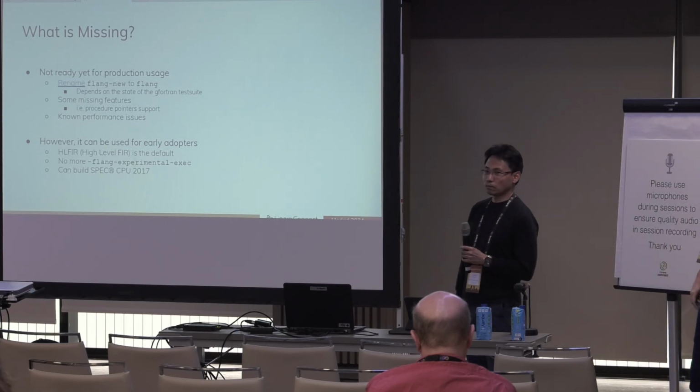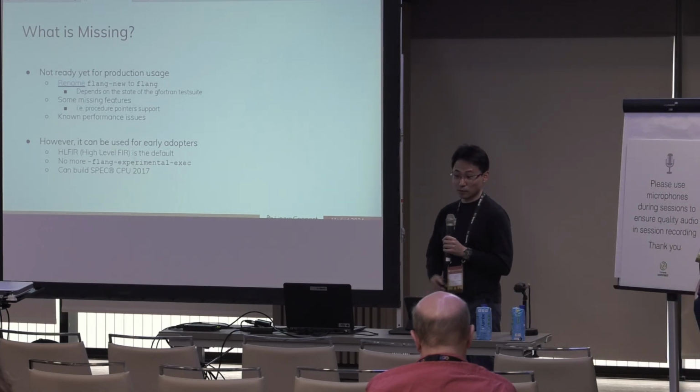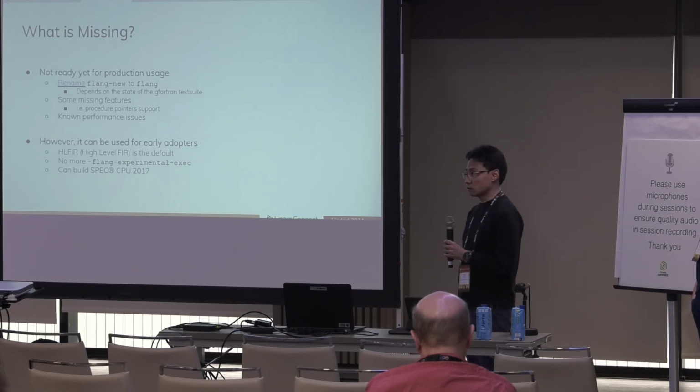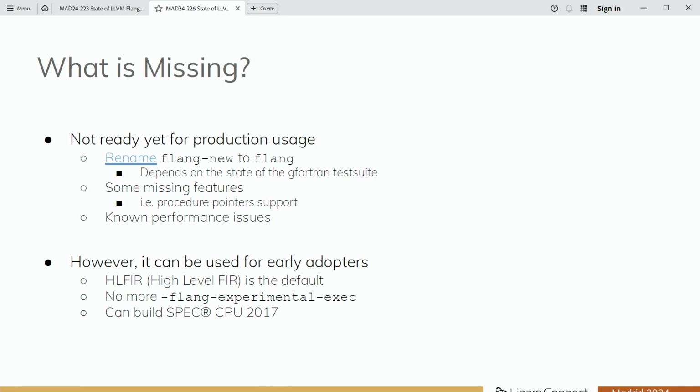Okay, so now that we covered what Flang is and a little bit about performance, we'll talk about the bad news. So what's missing from Flang? One thing that we need to tell you is that it's still not ready for production usage. We still need to rename the driver from flang-new to flang in LLVM. That depends mostly on the current state of the GFortran test suite, but also on one important missing feature, which is the procedure pointer support.